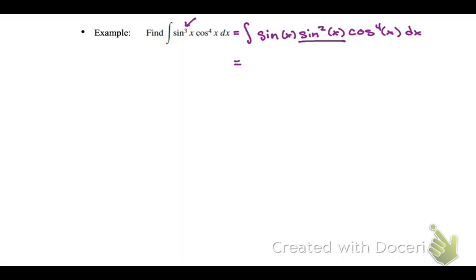You can put it in the front or the back, but don't leave it in the middle of two other things. Okay. So I have 1 minus cosine squared times sine of x cosine to the fourth of x.